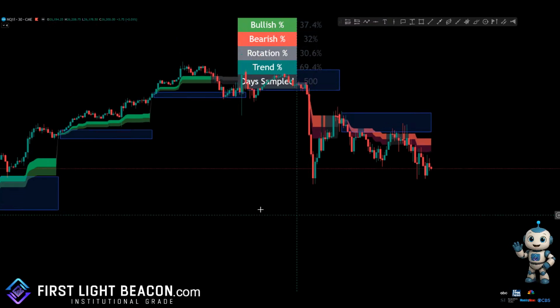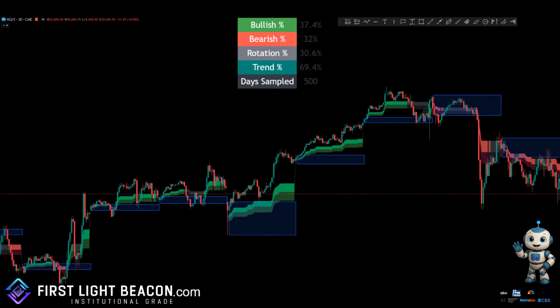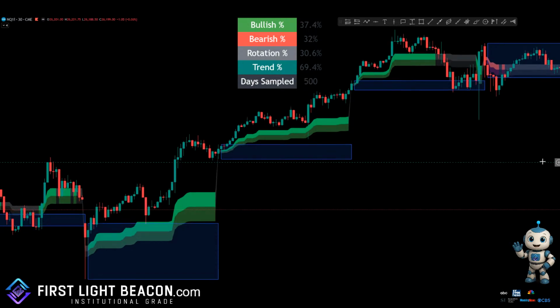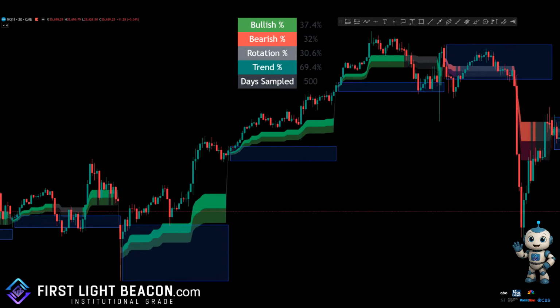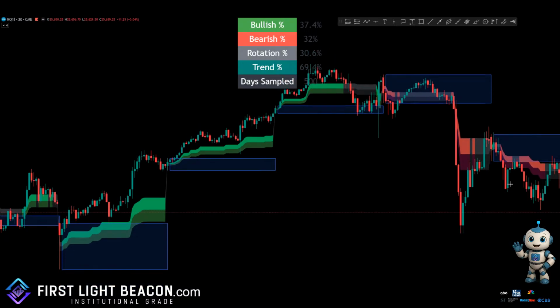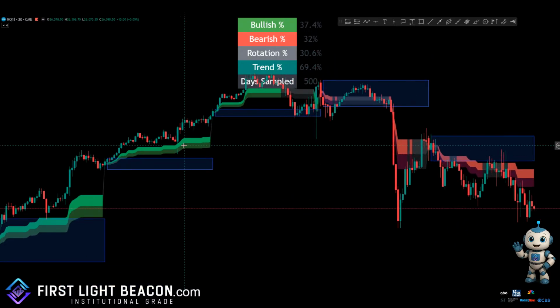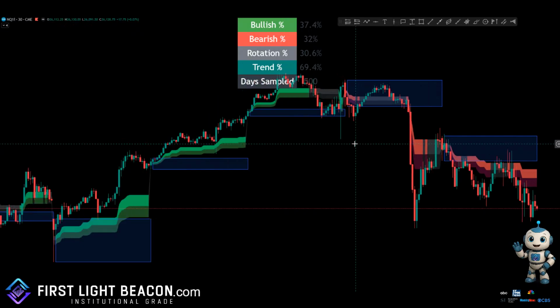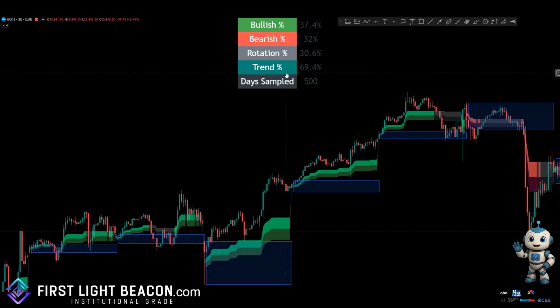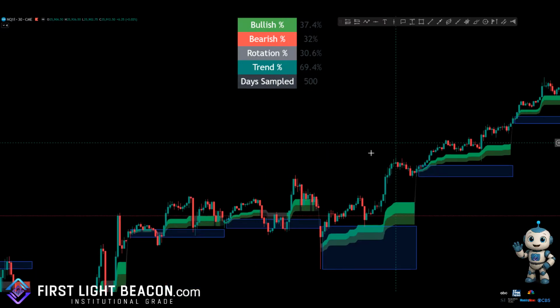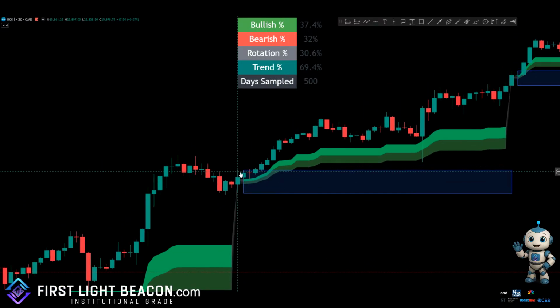So this is what's creating those functions. We're using the same logic that powers the daily FLB algo, but we've put in conditions to basically tell you go or no go, right? And these are the stats that have been generated by it using 500 days of data, and it's telling you that 69% of the time when price leaves the opening ORB, the daily candle on electronic trading hours.